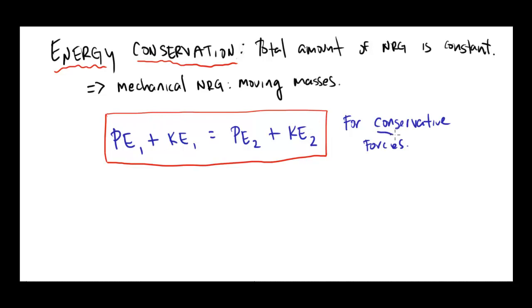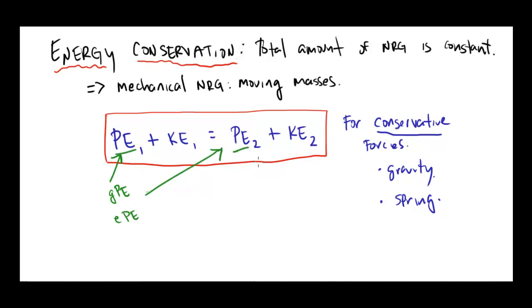So this only applies to conservative forces. Again, we're thinking about gravity or elastic forces, spring forces. Those are examples of conservative forces where this principle holds. And so bear in mind, if we take a look at this equation, this term right here could be gravitational potential energy or it could be elastic potential energy, right? It could be either one of those. Also, obviously, this over here could be gravitational or elastic.